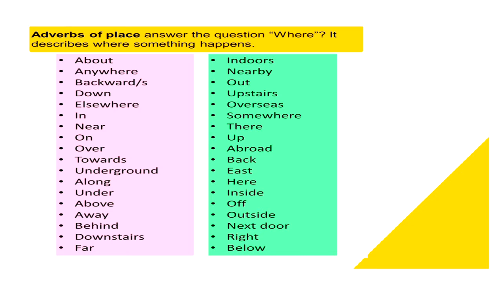Right? You have the list of all these adverbs of place before you. They tell you where something is going on, like go upstairs, climb there, reach here, go inside, sit outside, right? This is the way.